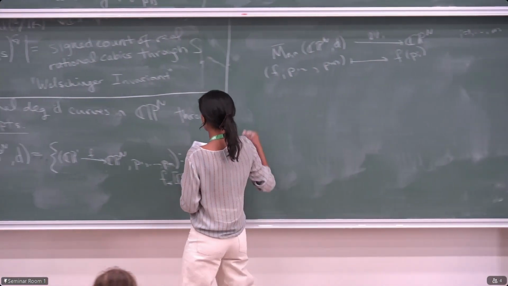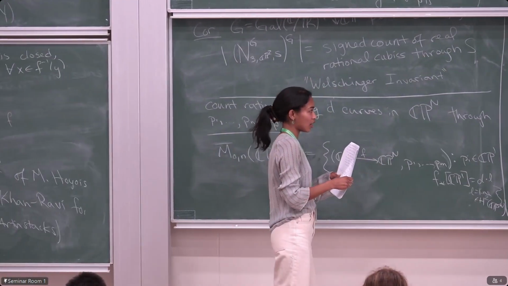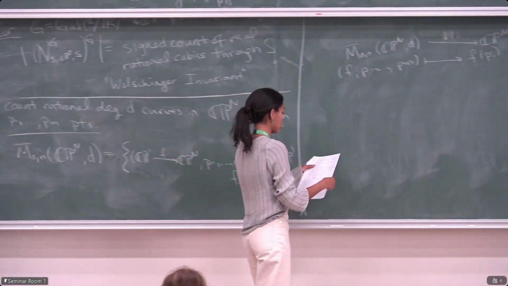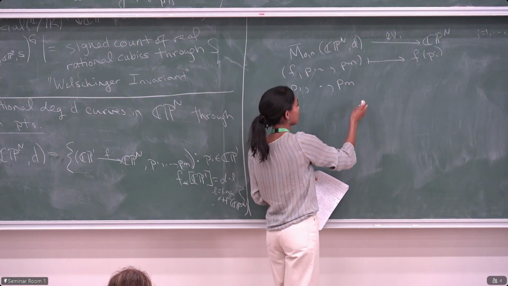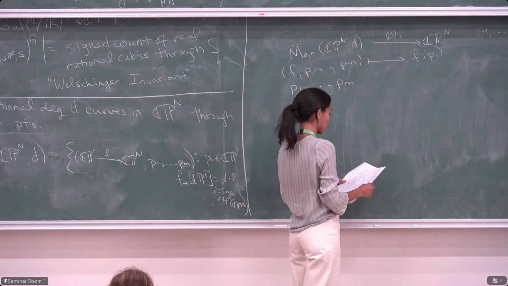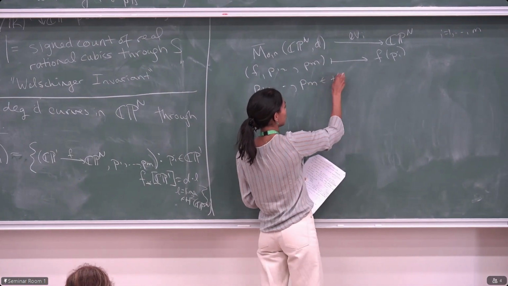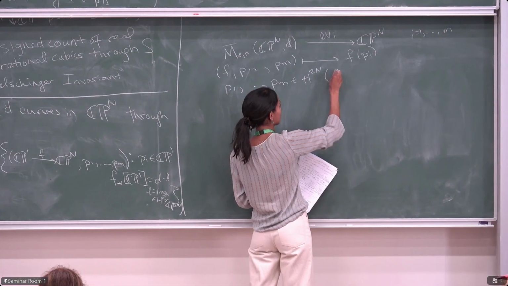We'd like to intersect m conditions, and the way that we do that is we let, by abusive notation, P1 through Pm be the Poincaré duals of homology classes.